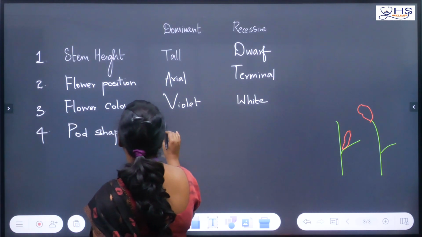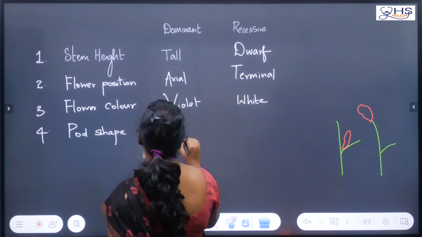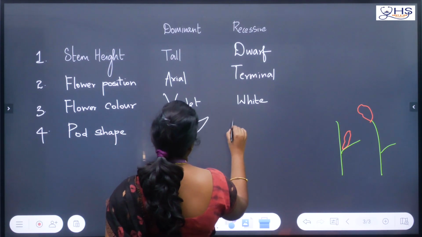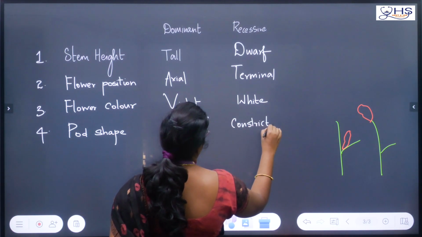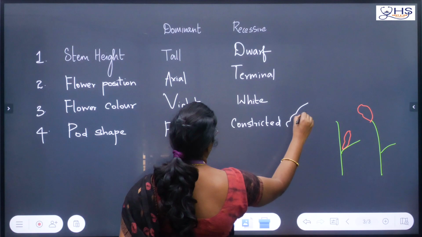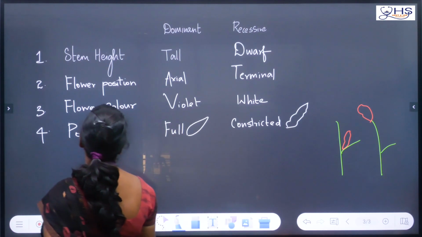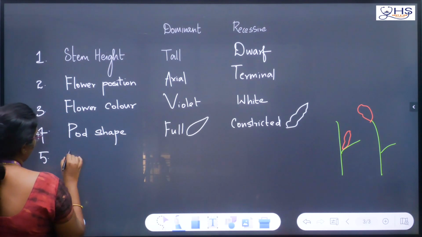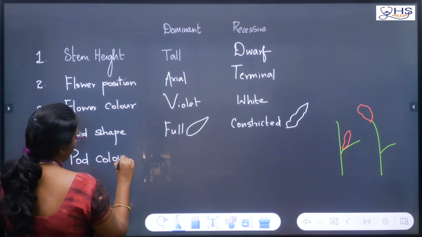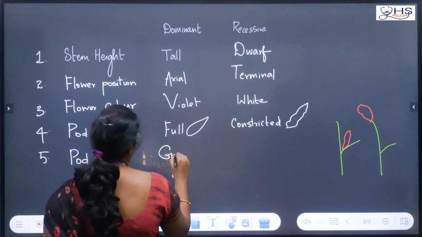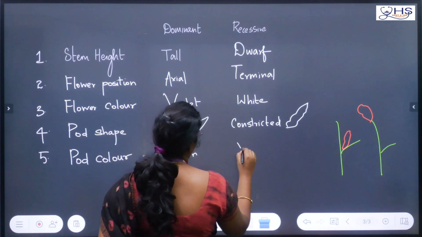One is full. Full means like this. Another one is constricted. Number 5 is pod color. Pod color is green, yellow.